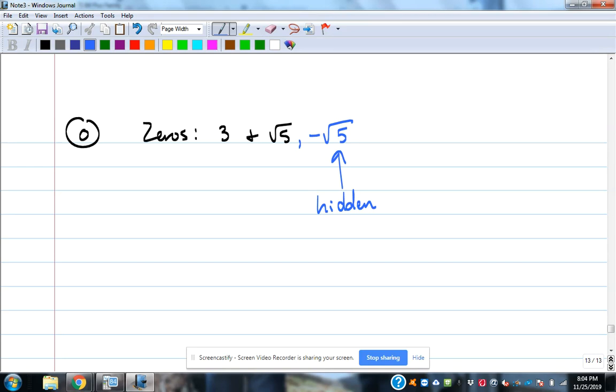Okay. So let's get our factors for this one. And again, we're assuming A is equal to 1. What would the factor be for positive 3? X minus 3. What's the factor for the square root of 5?